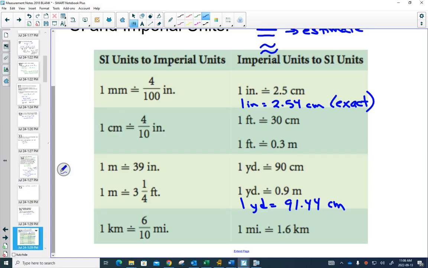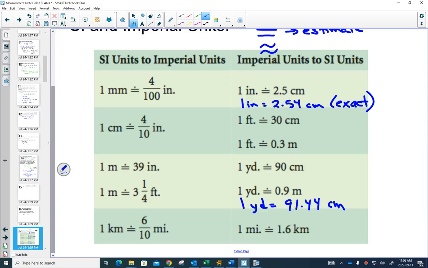If we don't need to be precise, just get a ballpark idea, pretty close, we can use any one of these approximations. Depending on which approximation you use, you will get different answers. Okay? Just like when we did our conversions, right? When we did the money conversions, if you used one or the other, either multiplied or divided, we got different numbers.